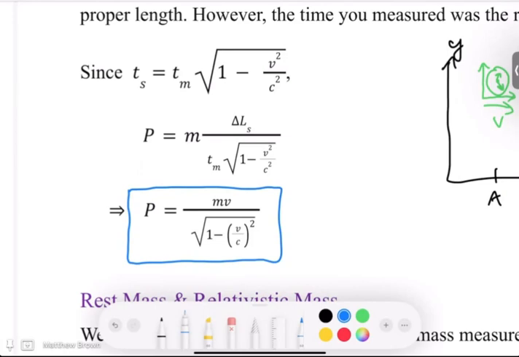You'll notice the equation is virtually the same. The numerator is still mv, we just have this extra bit on the bottom. And as with time dilation, the relativistic momentum is actually greater than it was, because this denominator is going to be less than 1.